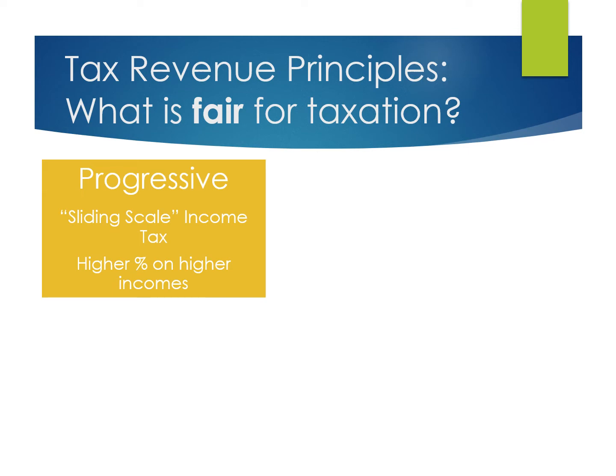This is a sliding scale income tax, where the more income you make, not only the more tax you pay, but the higher the percentage of your income you pay. I'll have an example of that in a minute. So richer people are charged a higher percent on their incomes than middle or lower income people.